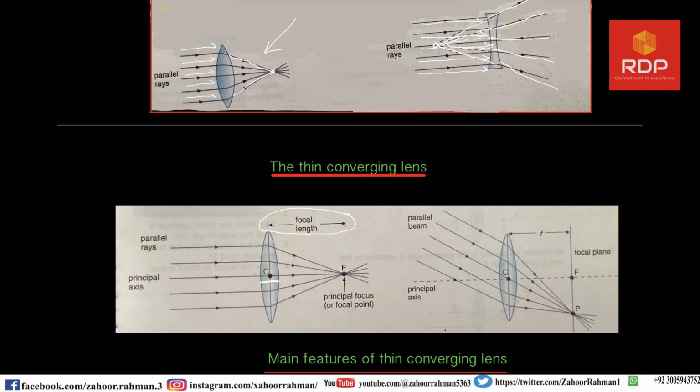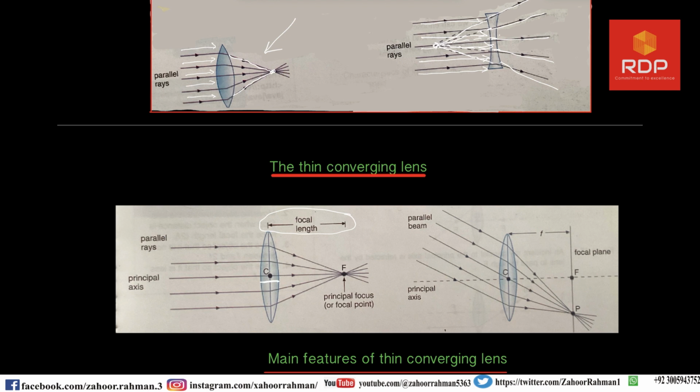So if the focal length is larger than the thickness of the lens, then it is known as a thin converging lens. A thin lens can be defined, very technically, as a lens whose thickness is smaller compared with the focal length of the lens.